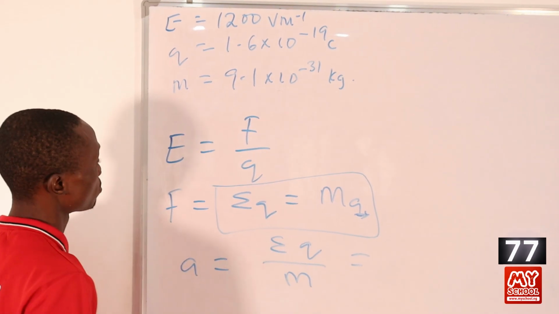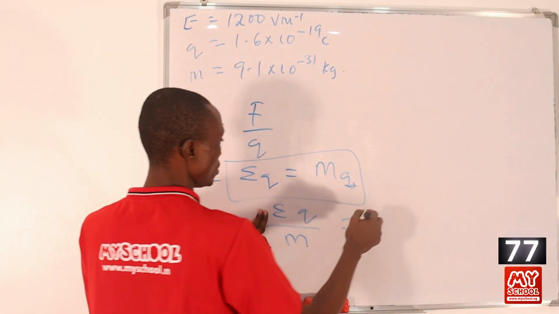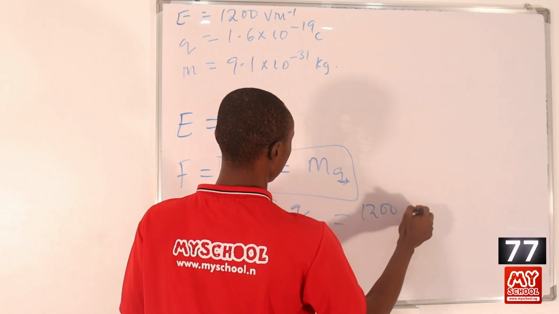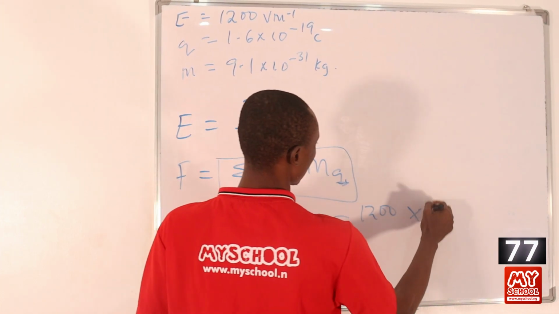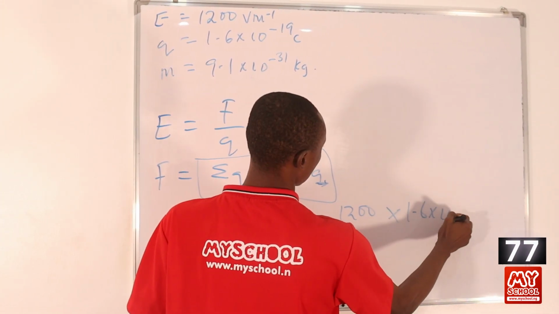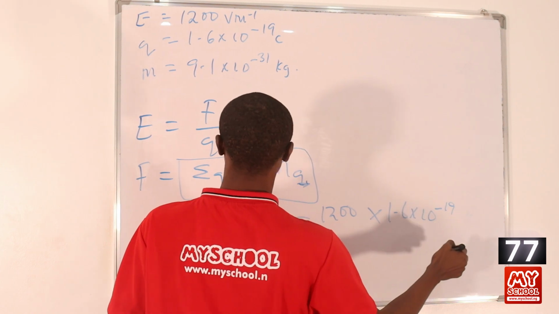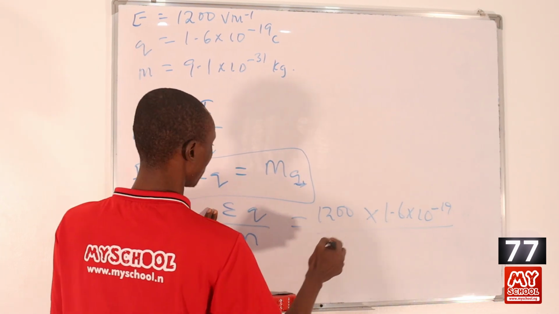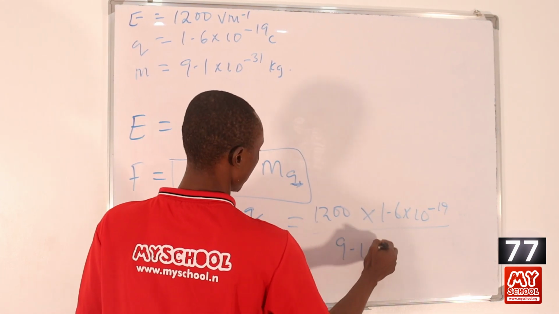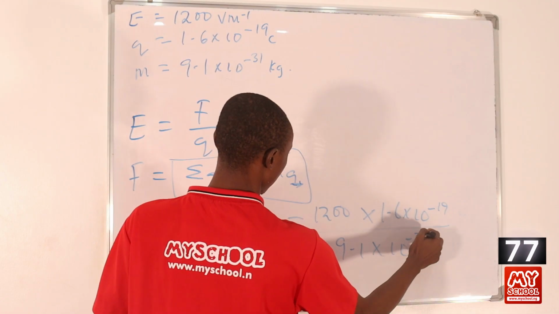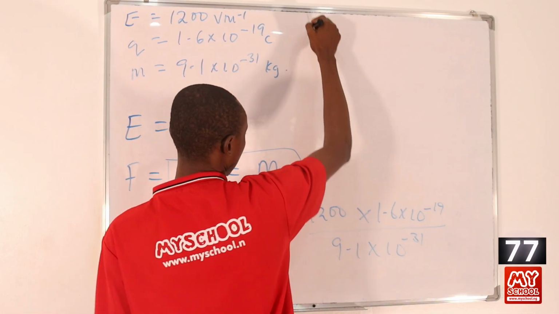So let's substitute the values that are given to us. Our E is 1200, times the charge, which is 1.6 times 10 raised to the power minus 19, divided by 9.1 times 10 raised to the power minus 31. Let's deal with the numerator first.